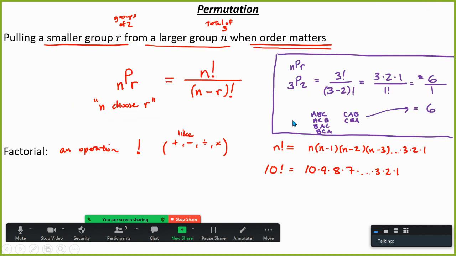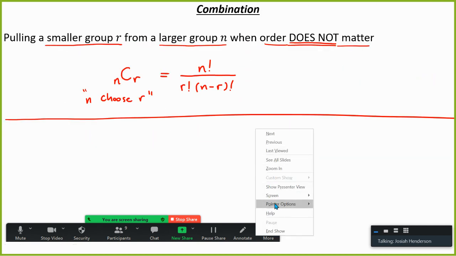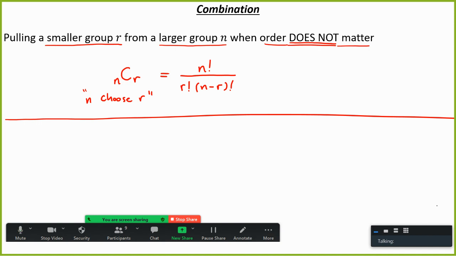Sorry. So let's try to answer the combination question using the formula. So we had a total of 5 items, picking 3 at a time, and the order doesn't matter.